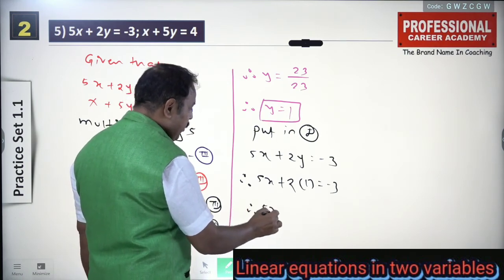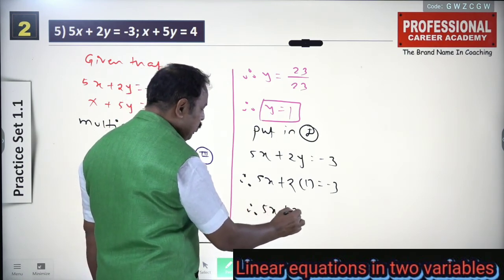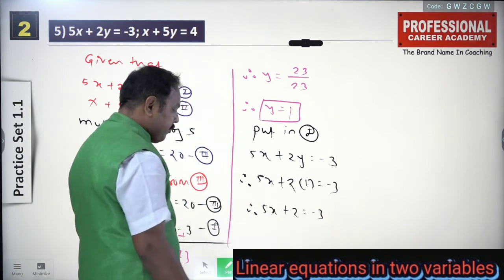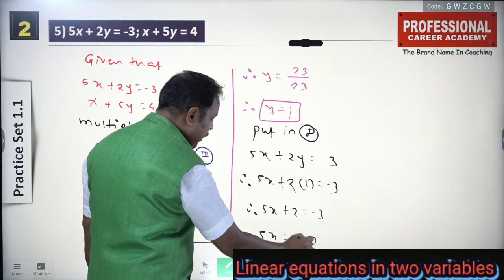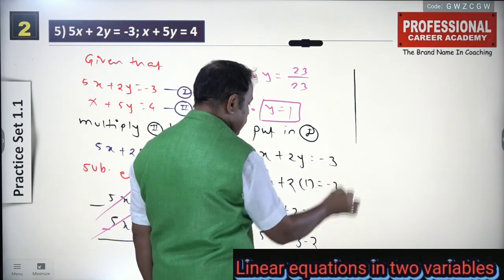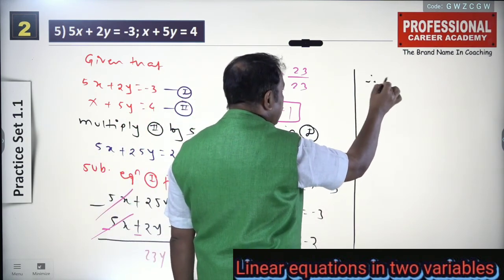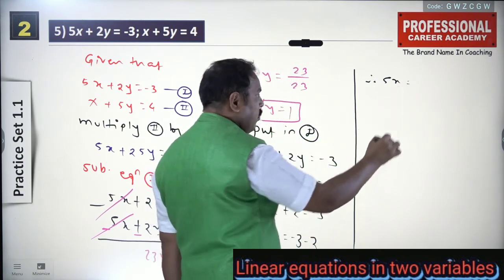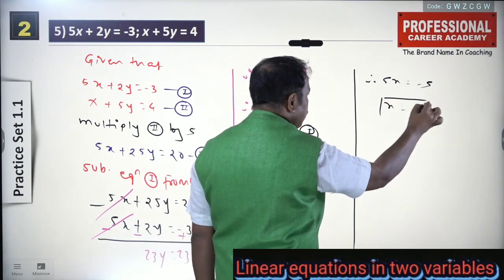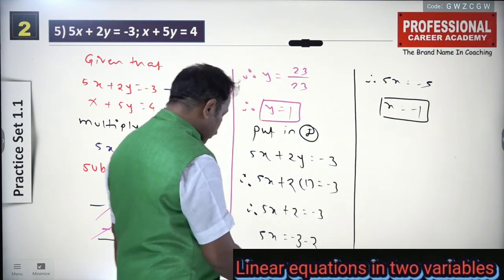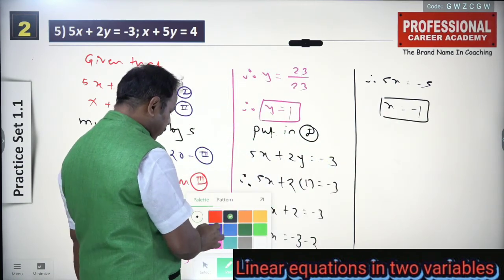So 5x plus 2 is equal to -3. So 5x is equal to -3 minus 2. Right? So 5x is equal to -5, or x is equal to -1. We got both the values x and y.